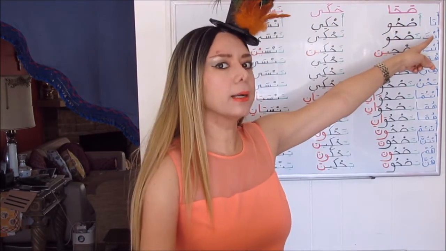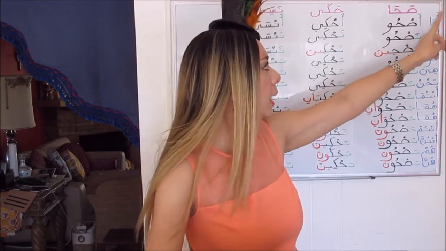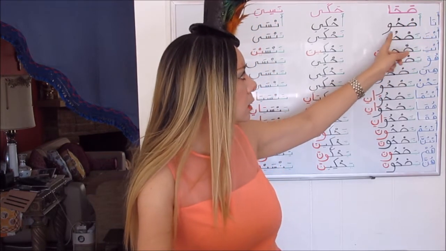If you ponder the conjugation for أنا, أصحو, it's easy to remember this prefix though. We just borrowed it from أنا, أنا أصحو, and this sad ha waw is the stem in our conjugation, because these are the three radicals of the root.